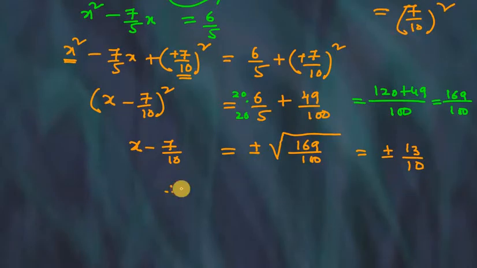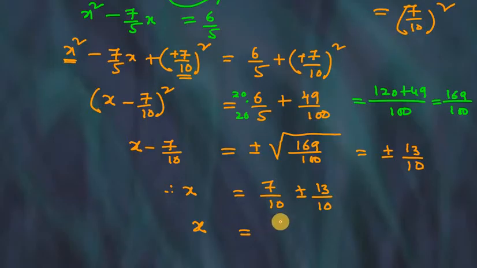So therefore x is equal to this minus 7 by 10, if I move that side, plus 7 by 10 plus or minus 13 by 10. So therefore x is equal to 7 plus or minus 13 by 10. So what are the values you will get?